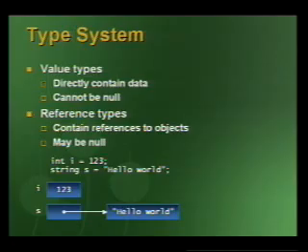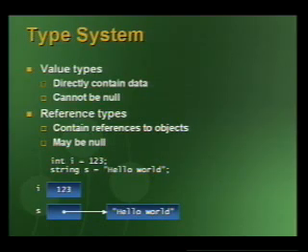In the other category, reference types are, in a sense, type-safe pointers. You're familiar with pointers in C++. Reference types are always allocated. A variable of a reference type contains a reference to an object that is always allocated in the heap. Therefore, variables of reference types can be null.